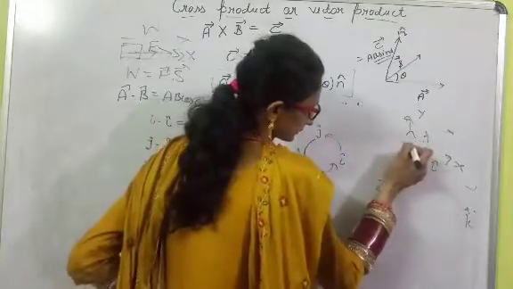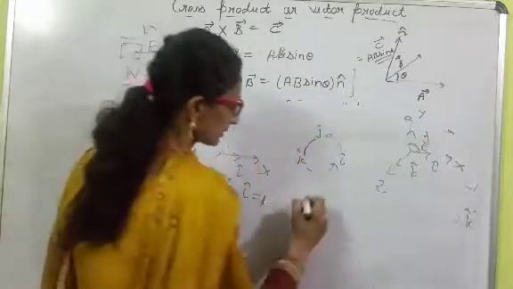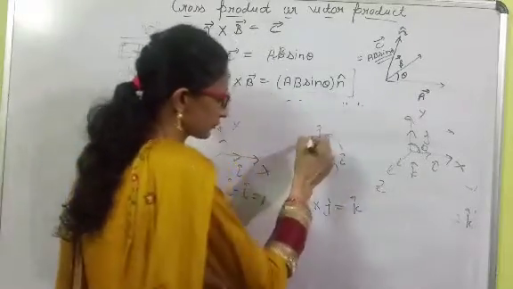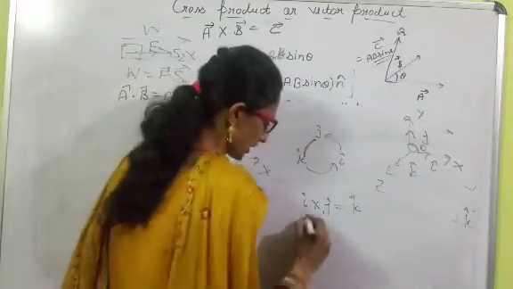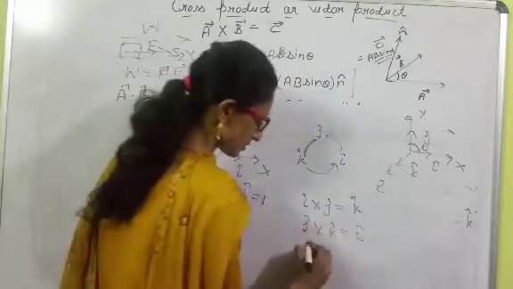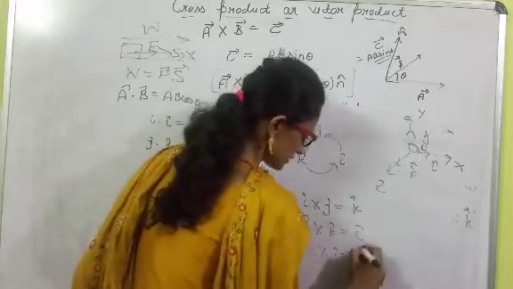We take I cross J is equal to K cap, and if we take the cross product of J and K, J cross K is equal to I cap. If we take K cross I, that is equal to J cap.